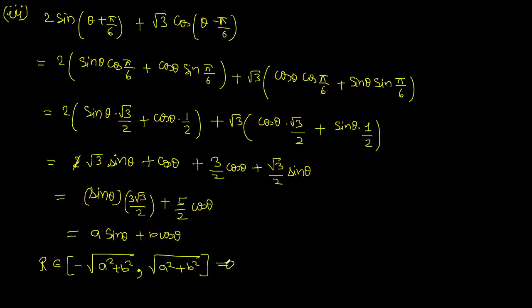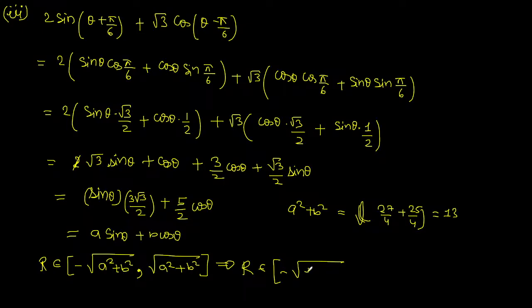This implies the range is from minus root under a square plus b square, with a as 3 root 3 by 2. It is root of 27 by 4 plus 25 by 4, which is 30. So the range is minus root 30 to root 30. This is the answer.